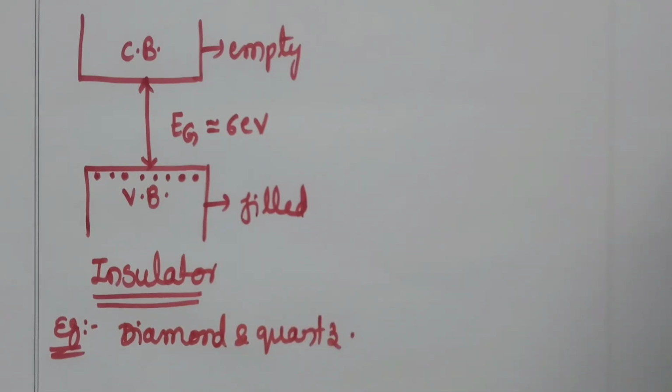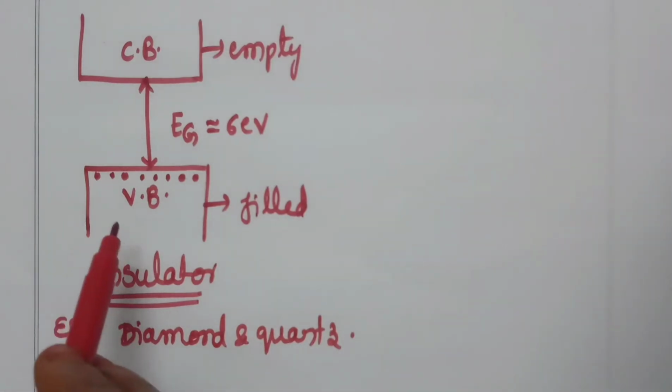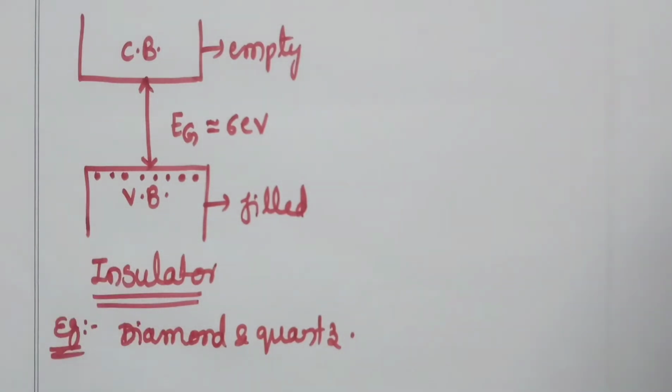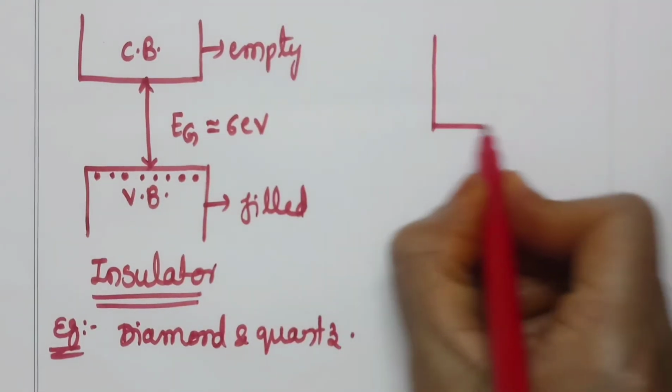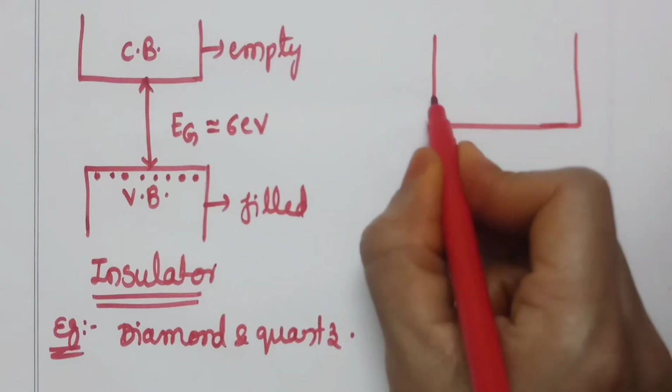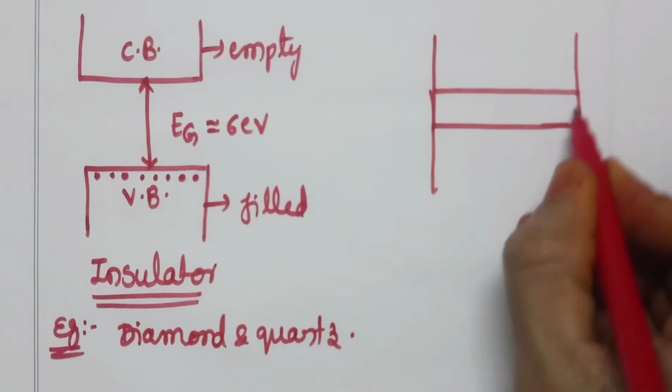Even if we apply an external field, the electrons will not move from the valence band to the conduction band. So we can say that the insulator is a solid in which the electrons cannot move from the valence band to the conduction band even though the external field is applied. Now consider another case in which the conduction band of a solid overlaps with the valence band.